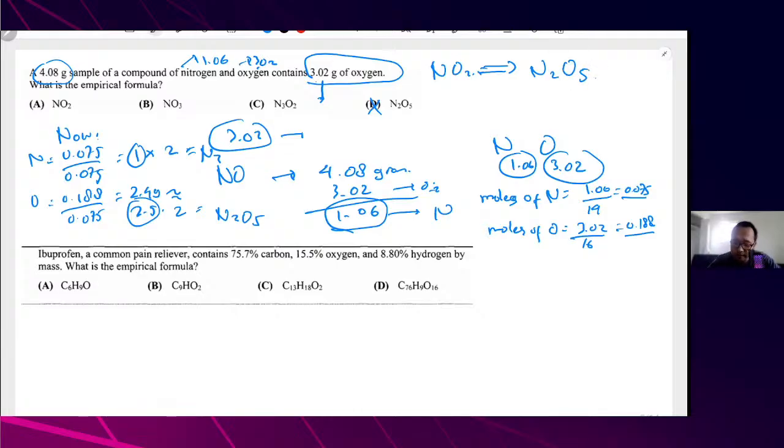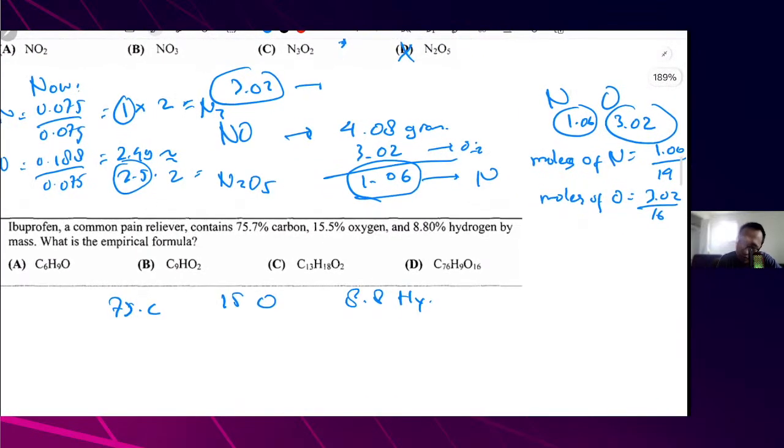So it's pretty easy. Okay, and then ibuprofen, a common pain reliever, contains 75 carbon, 15 oxygen, and 8.8 hydrogen. What is the empirical formula? Same thing, just assume the total is 100.